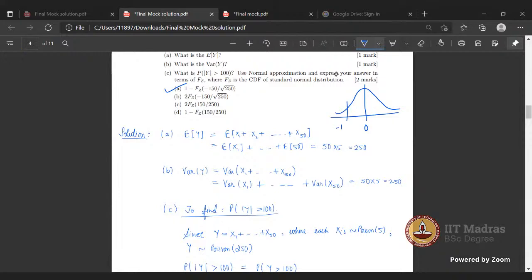First is minus 150 divided by 250 and other is minus 350, right? So these two are not symmetric. You cannot do 2 times there. So option B is not right.